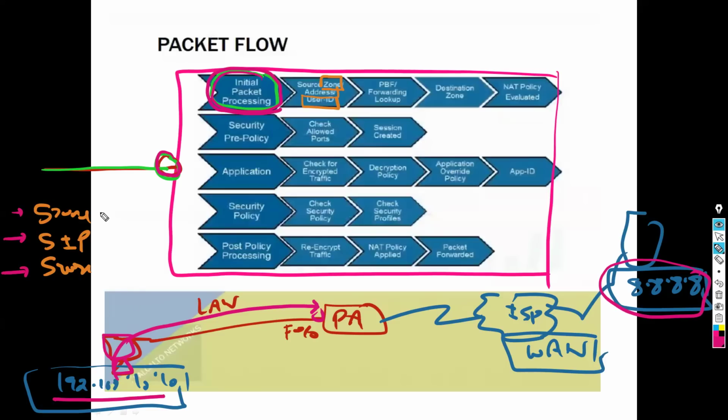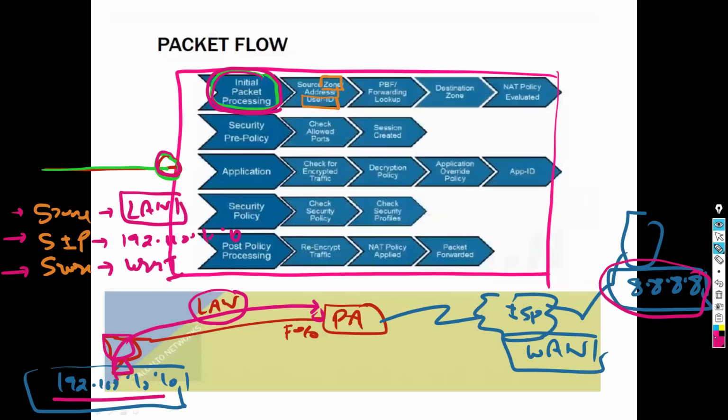So what is the source zone? LAN zone. Traffic is initiated from the LAN zone. Source IP, yes, 192.168.10.10, it's the source IP. Source user, for example, user 1. So the firewall has information about source user, source IP, and source zone.